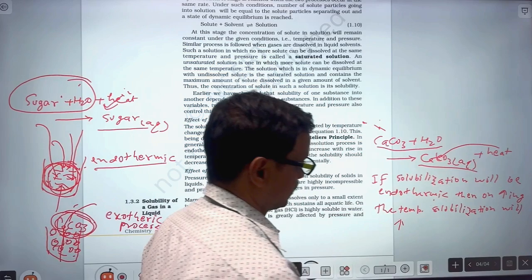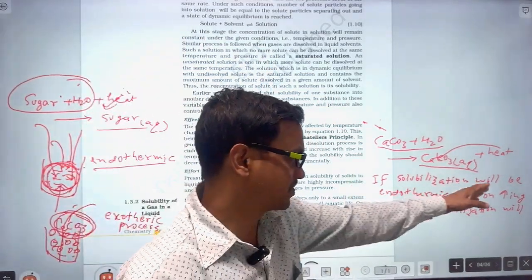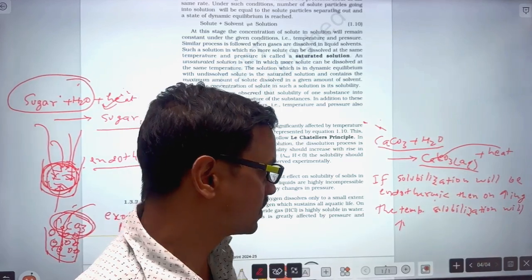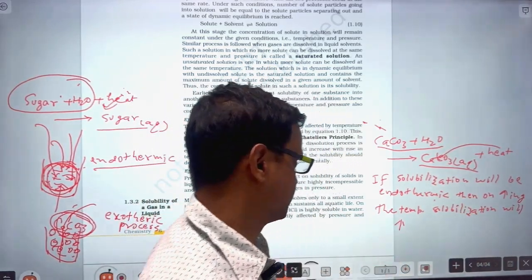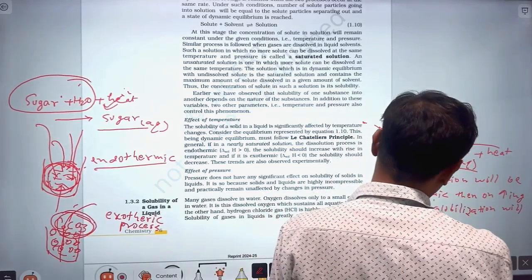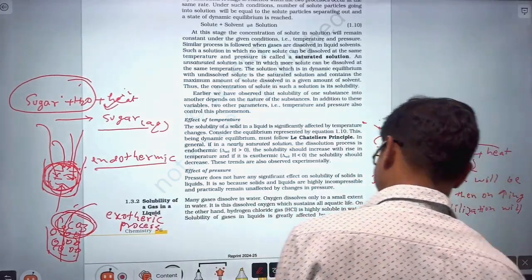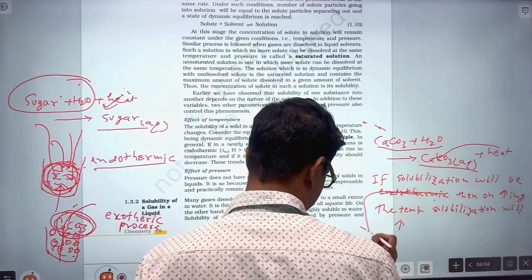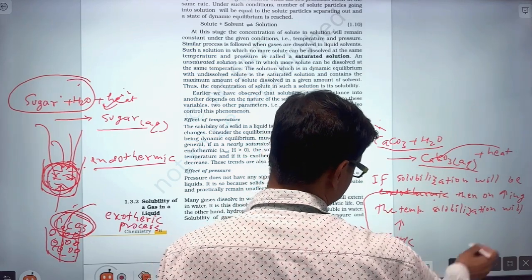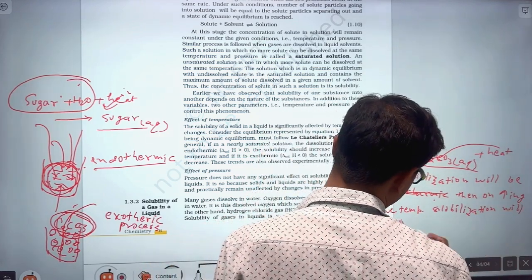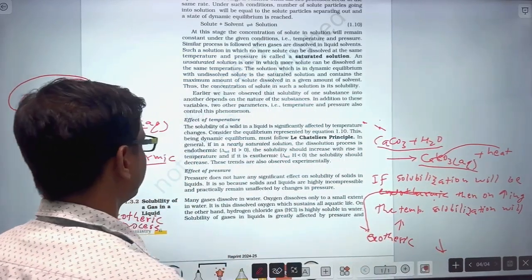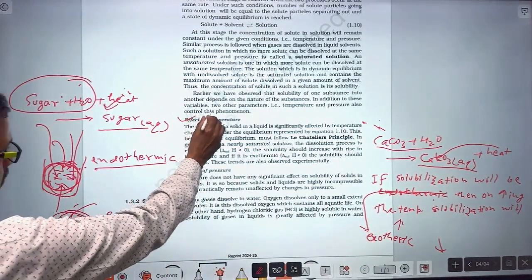And if solubilization is an exothermic process instead of endothermic, then on increasing the temperature, solubility will decrease. Okay, that is the meaning here.